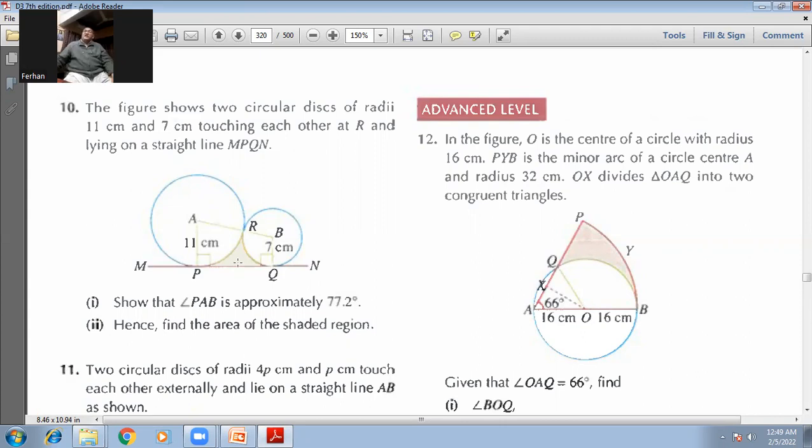To find this shaded area, the strategy is to find the area of the whole trapezium. From there, subtract the area of this sector APR. Also subtract the area of this sector BRQ, and you will have the area of the shaded region. So the strategy is very simple, and let me show you how this is done.